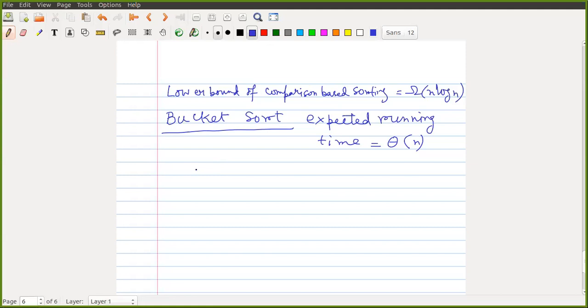So obviously there are some catches, and here the catch is that we'll be assuming that all the elements of the input are bounded.